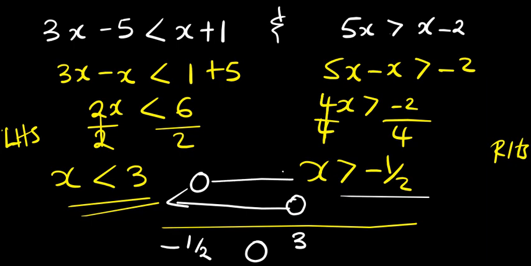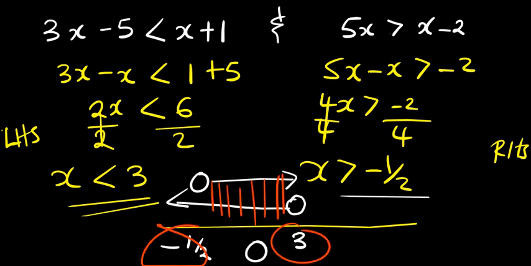I'm going the other side. So you're going to realize that the answers that you want are where we have the common region in the middle there. So it means the range of values of x that we want are from negative half to 3.